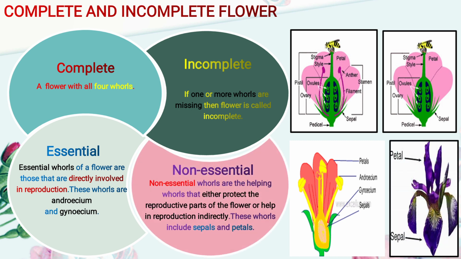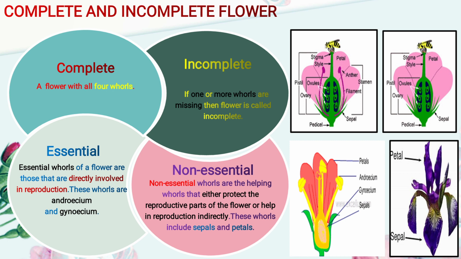Non-essential whorls are the helping whorls that either protect the reproductive part of the flower or help in reproduction indirectly. Like you see the sepals, the calyx, they protect the female reproductive part. They protect the ovary inside it.